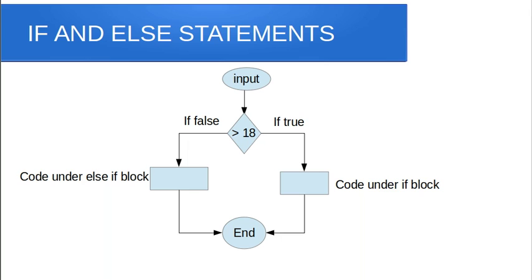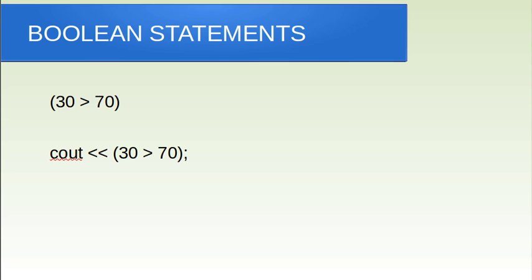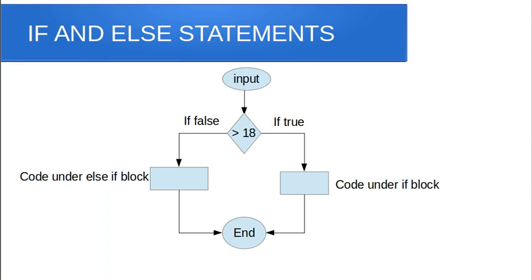An if statement takes in a Boolean condition, a Boolean statement such as the one we looked at earlier. If the Boolean statement is true, the block under the if will be executed. If it's false, then the block under the if won't be executed.